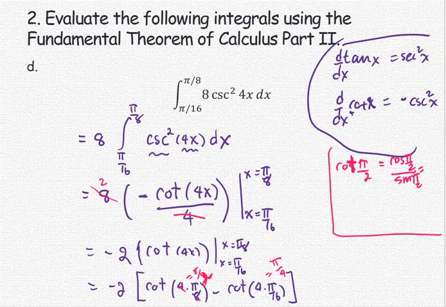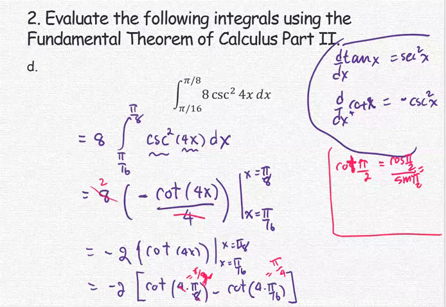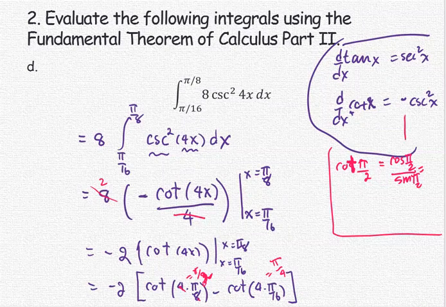So what is cosine at pi over 2? What is cosine at 90 degrees? You can use the unit circle to think about it. 90 degrees is on the y-axis.